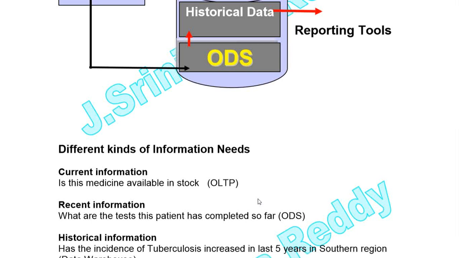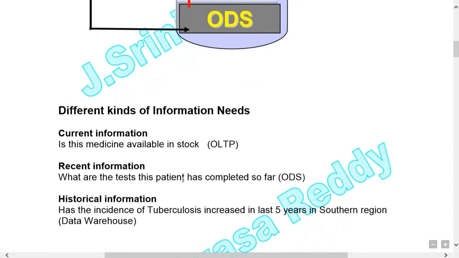Okay. So suppose you are asking your ATM for the mini statement. That is a recent information, right? Recent few transactions. Okay. So here, suppose a doctor is asking information regarding a patient, what are the tests conducted so far?